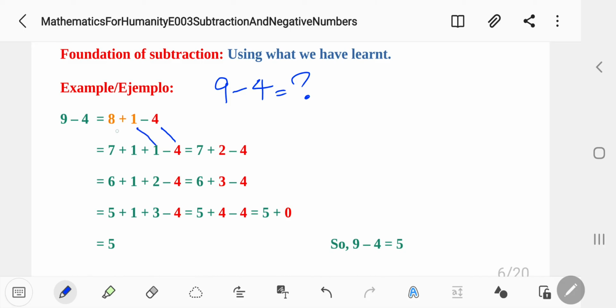But 8 is 7 plus 1. So you can write that. This is also equal to 7, and what is 1 plus 1? 1 plus 1 is just equal to 2. In the rules of addition, when you add 1 to a number, it gives you the next number. So you can write 2 here, and then of course you retain the number 4 here.